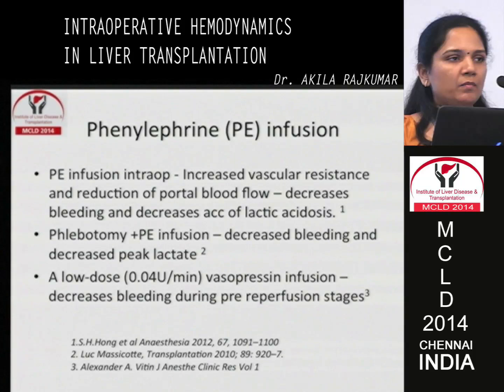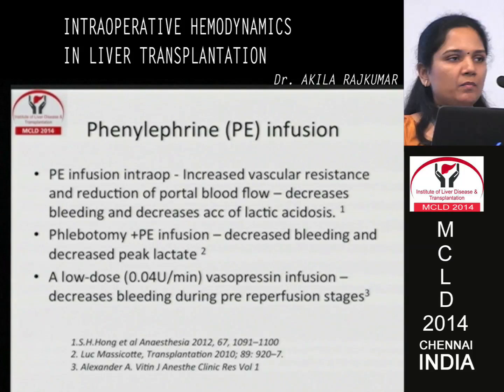What do we choose? Phenylephrine has been evaluated. Intraoperative infusion of phenylephrine, when given prophylactically, increases your vascular resistance. The problem I mentioned was reduced vascular resistance in these patients with a hyperdynamic circulation. So the use of phenylephrine increased the vascular resistance and also decreased the portal blood flow.